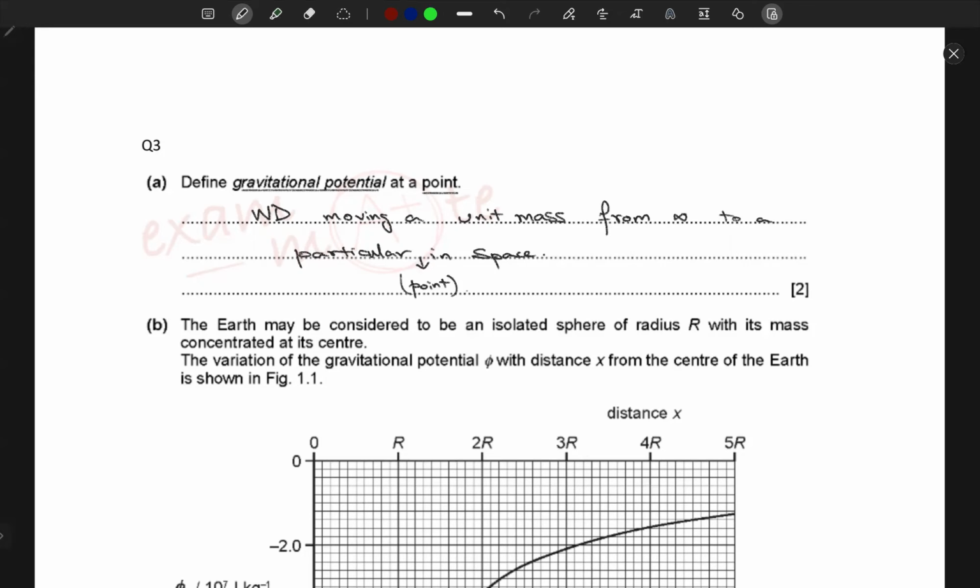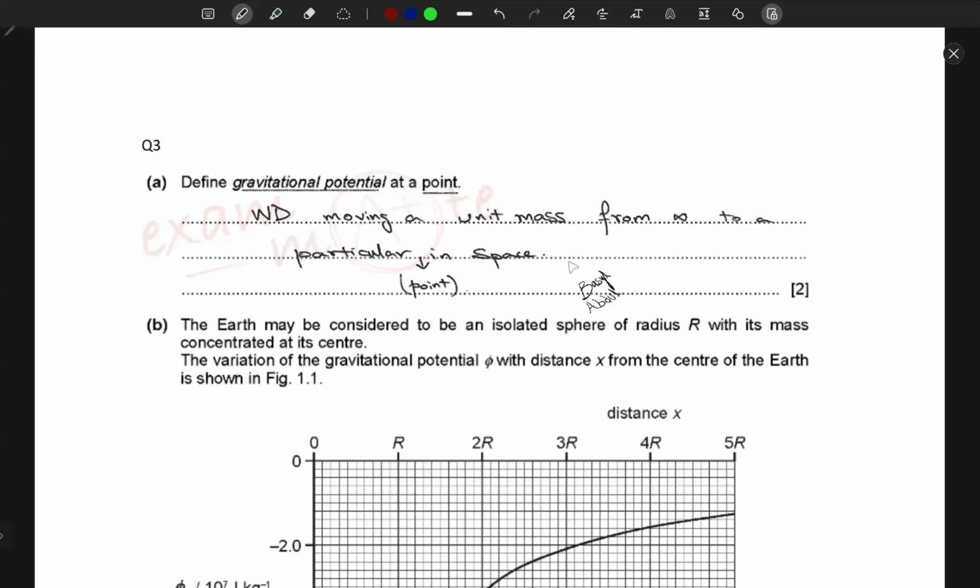I gave an idea of what gravitational potential is while we were covering the theory part of this. So you just have to remember what it is, and then you can write it in your understanding over here. So that's clear for everyone. Yes.